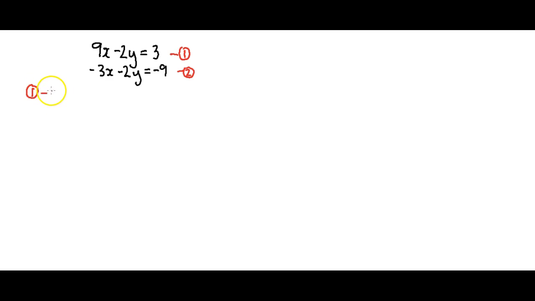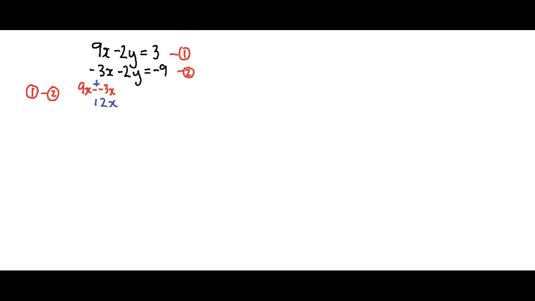You can reverse that, but you have to be careful if you reverse it. So the first one we're doing is 9x minus 3x. I'll just put that there so you can see how it works. So those two minus signs become a plus, and 9x plus 3x is 12x.